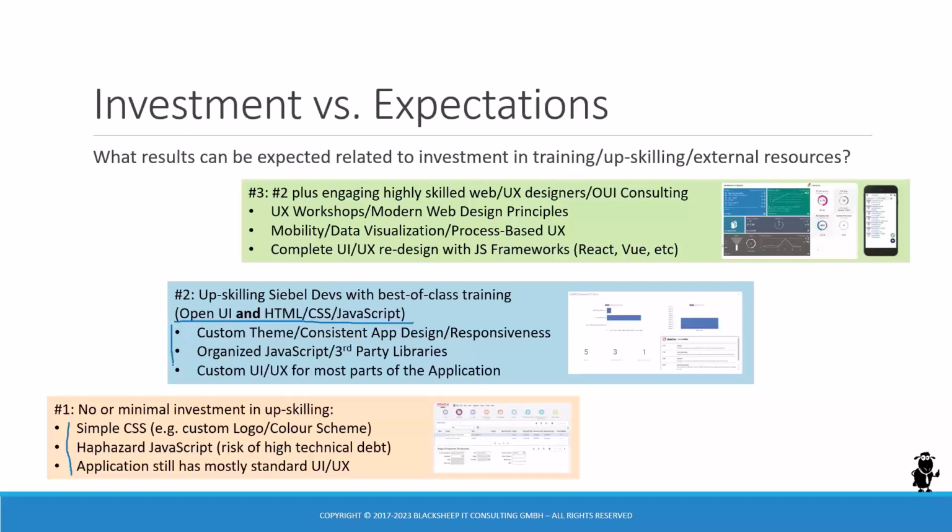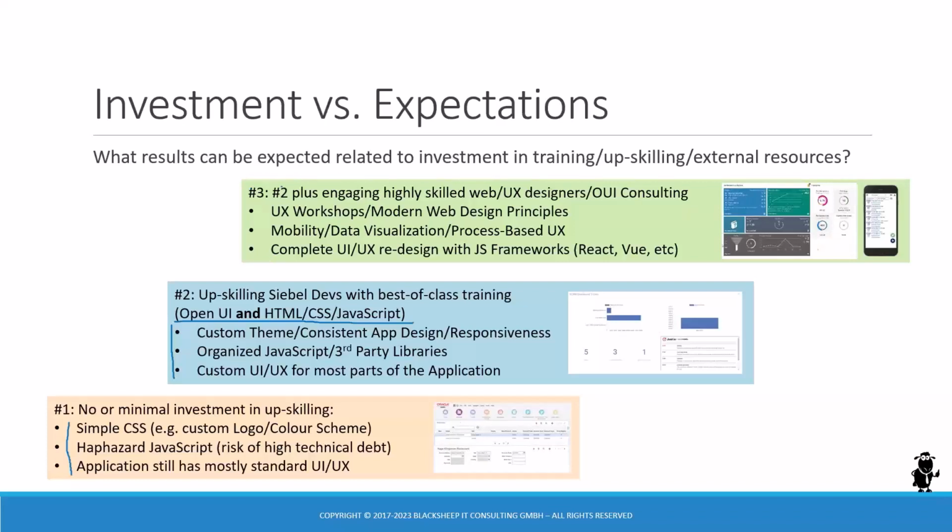You have organized JavaScript using third-party libraries where necessary. And most of the application, or even the entire application, now has custom UI or custom UX. So it's professionally built with, let's say, Siebel developers who have been upskilled. And that's, of course, within the reach of the possible.